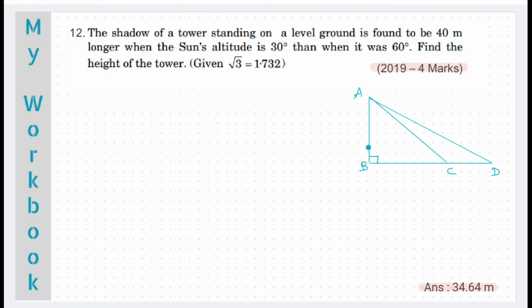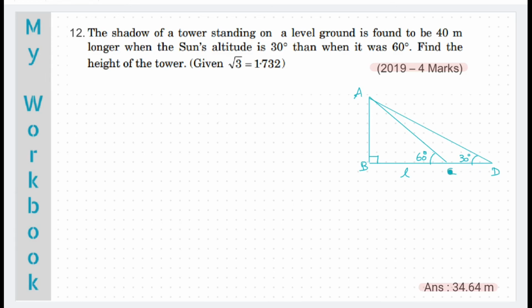So let AB be the tower standing on the ground. BC and BD are the shadows. When the sun's altitude is 60 degrees, let the length of the shadow BC be L. And when the sun's altitude is 30 degrees, the shadow is 40 meters longer.